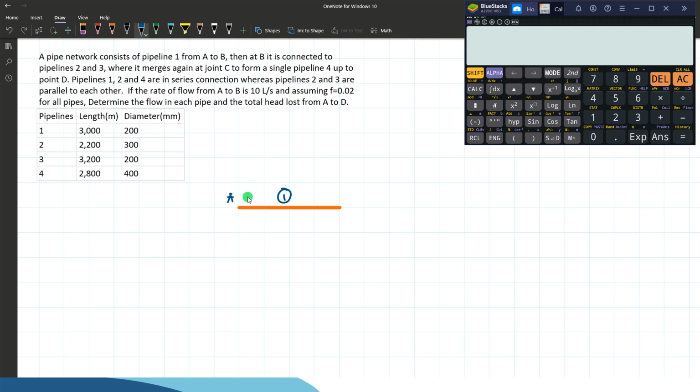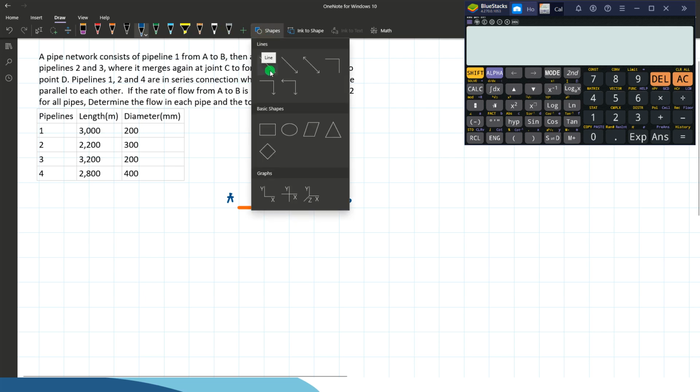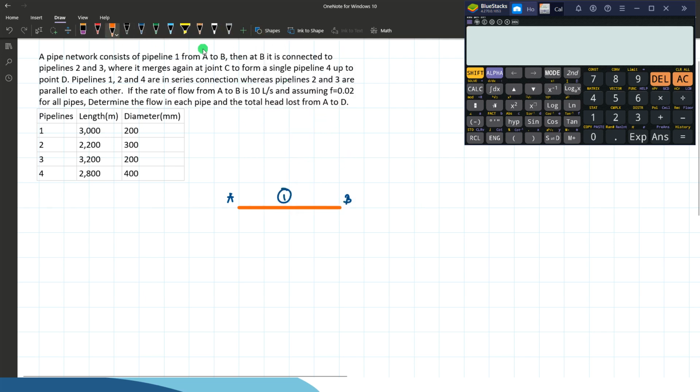Then at point B, it is connected to pipelines 2 and 3. So we have two pipes, pipes 2 and 3, where they merge again at joint C.